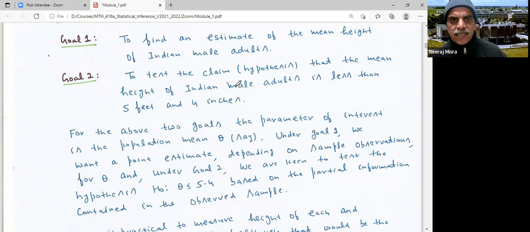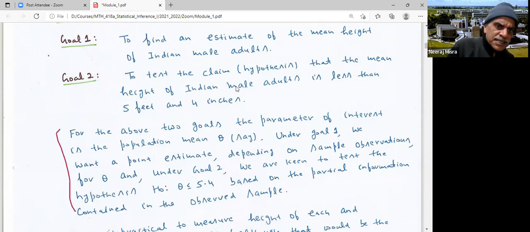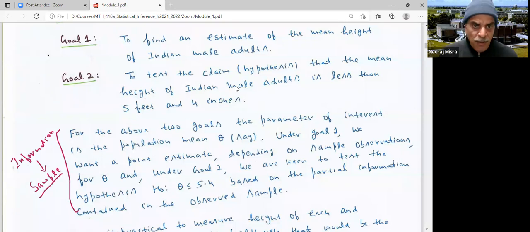So I want to test those claims, and the only information I have at my disposal is the sample. I do not have information about the whole population. I have only the information contained in my sample, which only has partial information about the population.